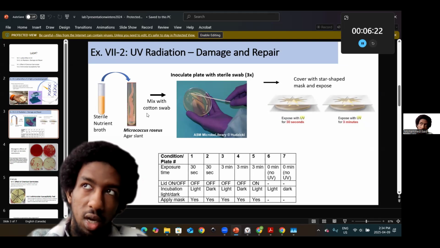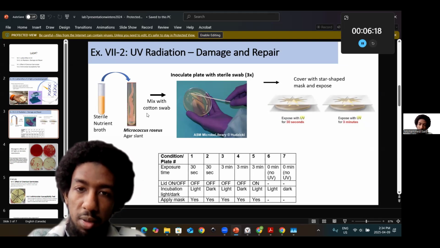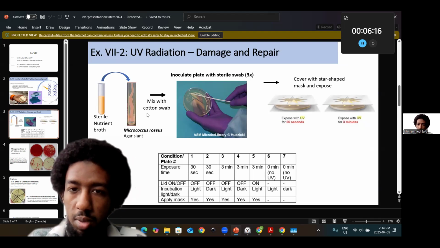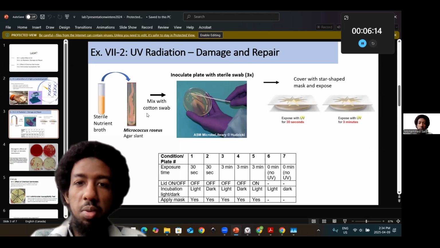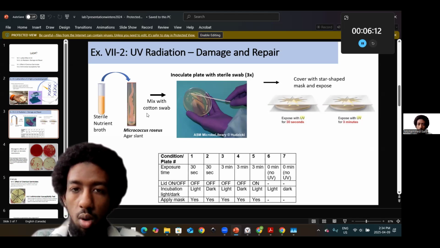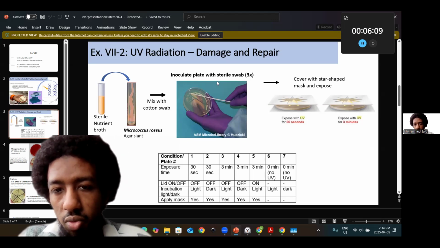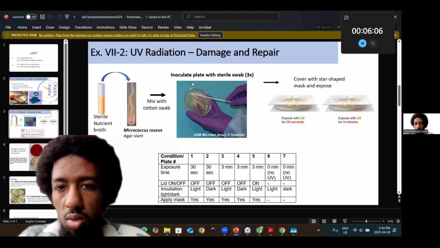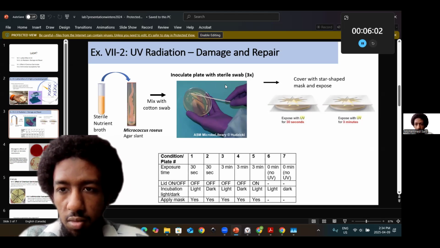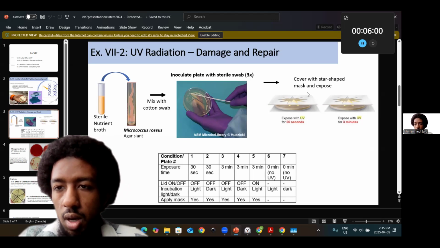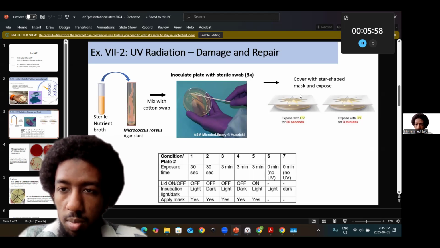So this was more like a manual form of spread plating because you weren't using the L rod, but you weren't necessarily streak plating across different quadrants, you're doing all around, right? So this is like a manual form of spread plating, but you would have been inoculating with a sterile swab. Just bear that in mind as a difference. And thereafter, you would have used likely a star-shaped mask, right?